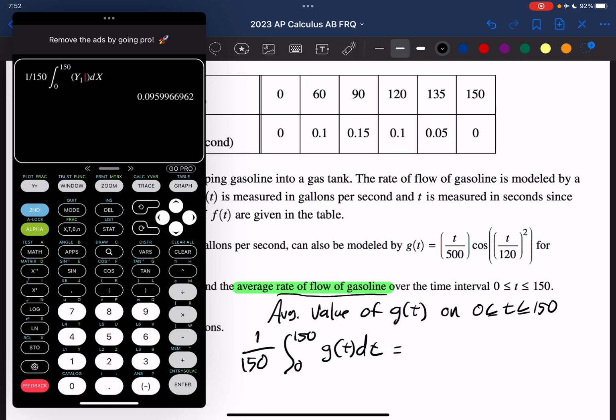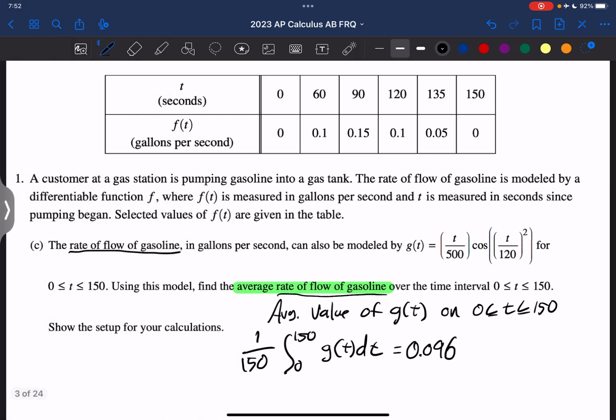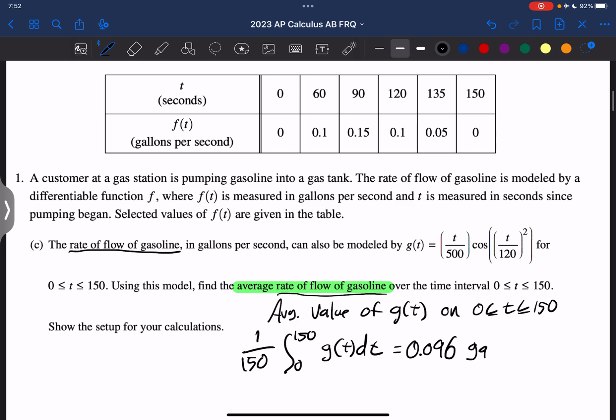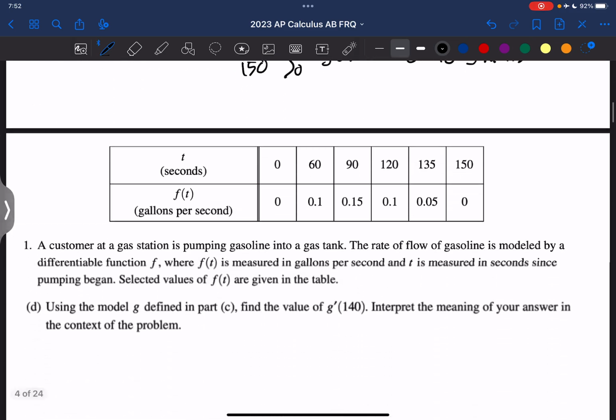And so we get 0.096. Now, it doesn't say anything about units, but we might as well be careful. And then this is 0.096 gallons per second. And so it says show the setup for your calculation. So we have to show what we type into our calculator. And so we have to show this right here.